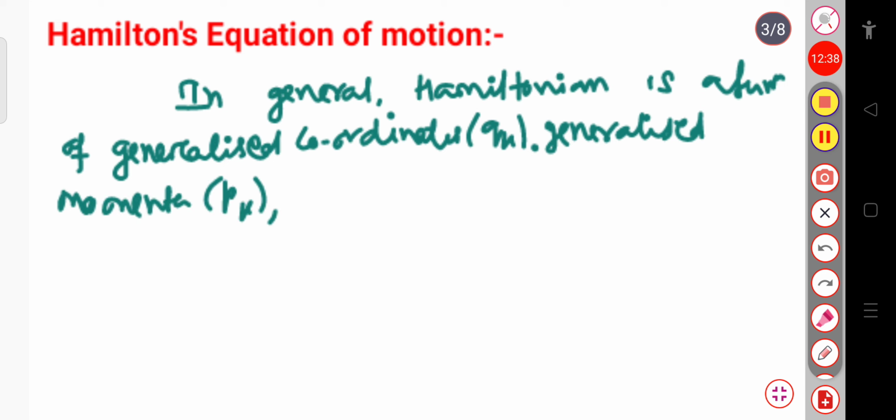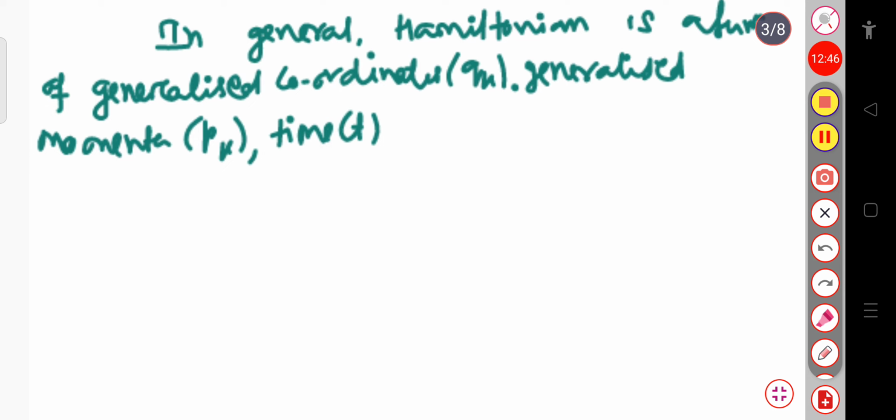Now we can represent this as, if I write the Hamiltonian H, then H can be written as a function of qk, pk and t. If you remember, the Lagrangian is a function of qk dot and time t. Here qk dot is your velocity, but the Hamiltonian is a function of coordinate, momentum and time.